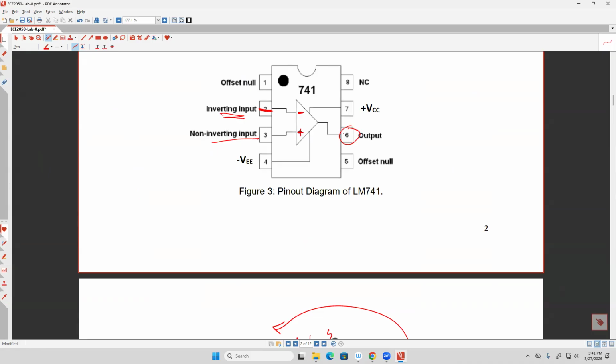Now you remember I told you you need to connect the bias. The positive bias has to go to pin number 7, and the negative one has to go to pin number 4. That's all you need. We don't need the other pins. We only need pin 2, 3, 4, 6, and 7.